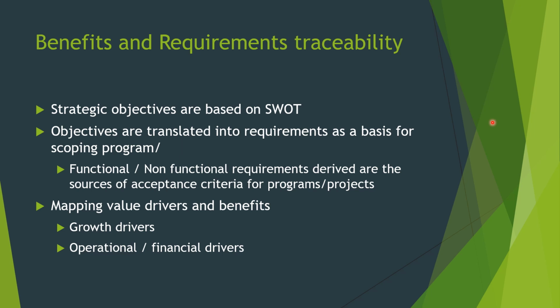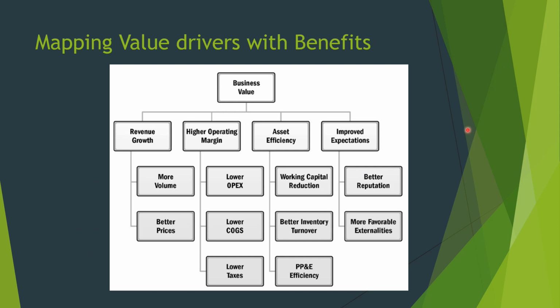And it should be appropriate for mapping the value drivers and benefits. It's very important. There are a number of types of drivers, like growth drivers, operational and financial drivers. So it's very important to map them with the benefits. This diagram talks about, let's say, revenue growth as a business value. So business value has revenue growth, high operating margin, improved expectation.